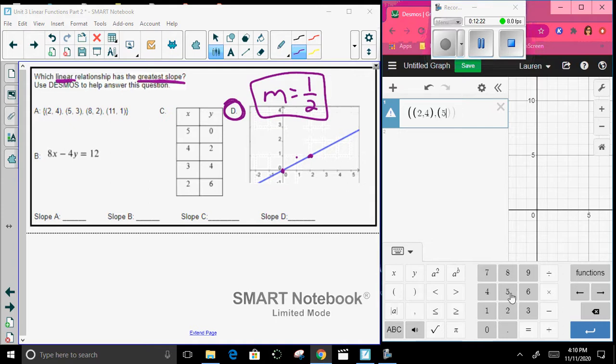All right, 5, comma, 3, close parenthesis, comma, open parenthesis, 8, comma, 2, close parenthesis, comma, open parenthesis, 11, comma, 1, close parenthesis, and close it again for the end. And let's see if that graphs. It doesn't look like that's going to graph my points.